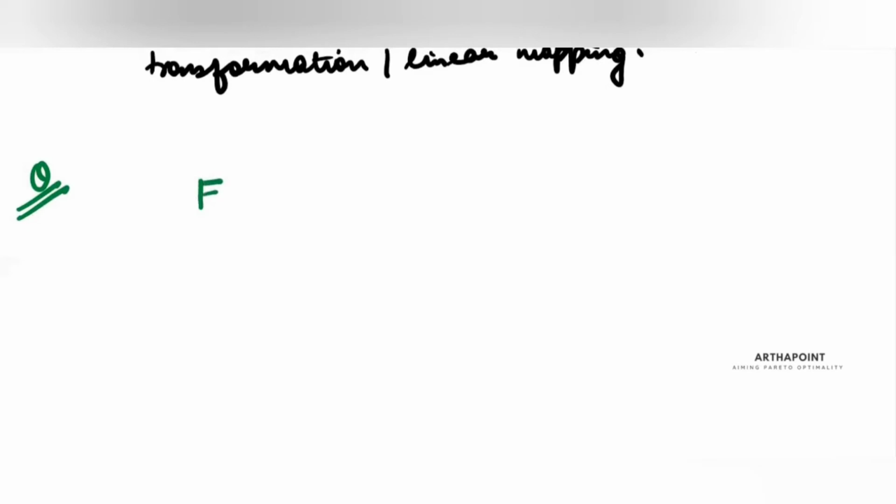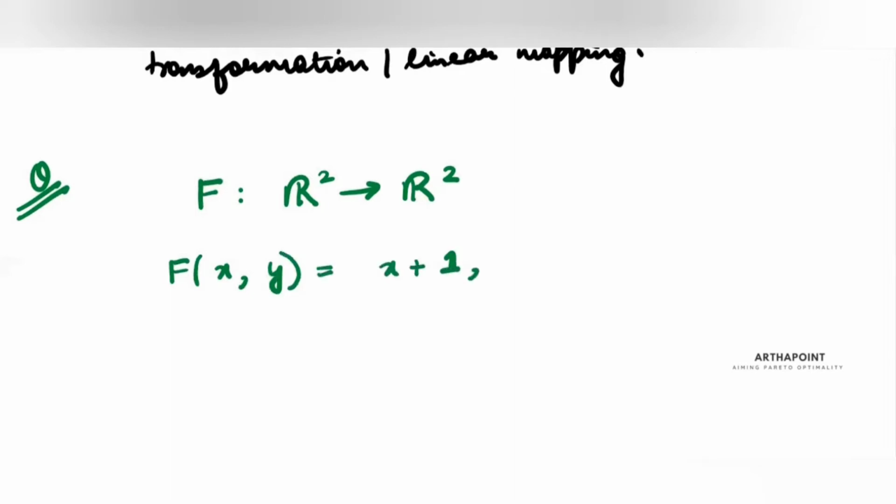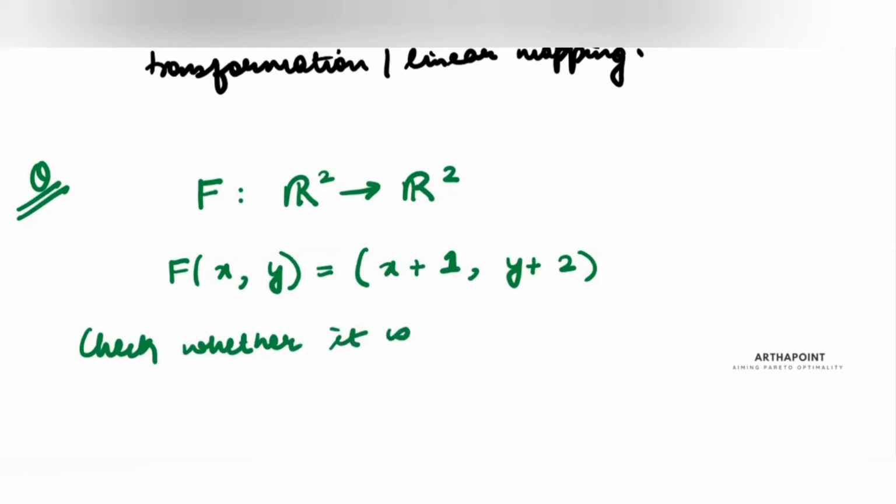So you have a function, okay? This function is given from R2 to R2. And the function given to you is x plus 1, comma, y plus 2. And you have to check whether it is a linear transformation. Please check this once.